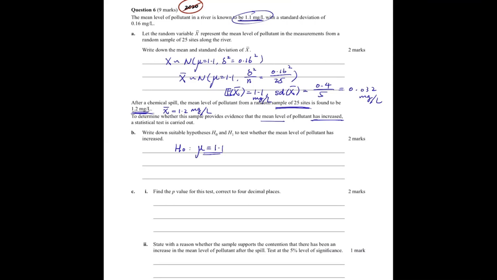Don't jot down 1.2 here, otherwise you will be penalized. And H1 is mu greater than 1.1. Remember, we are always comparing the sample mean with the population mean. That's why we need to stick with mu0 here.